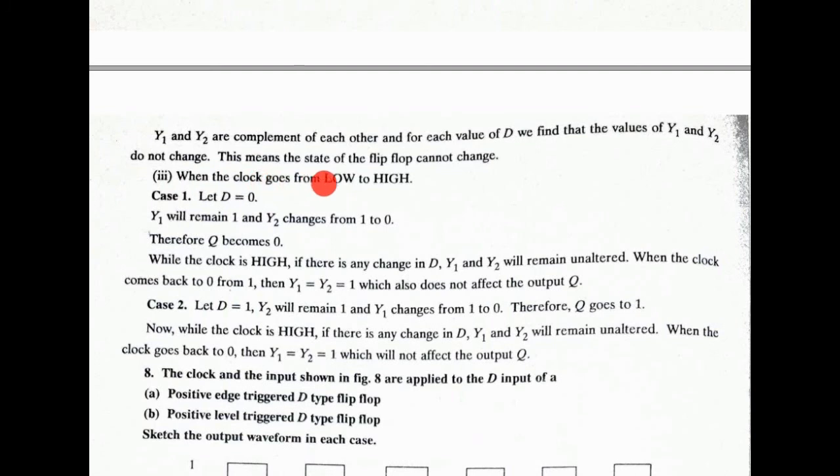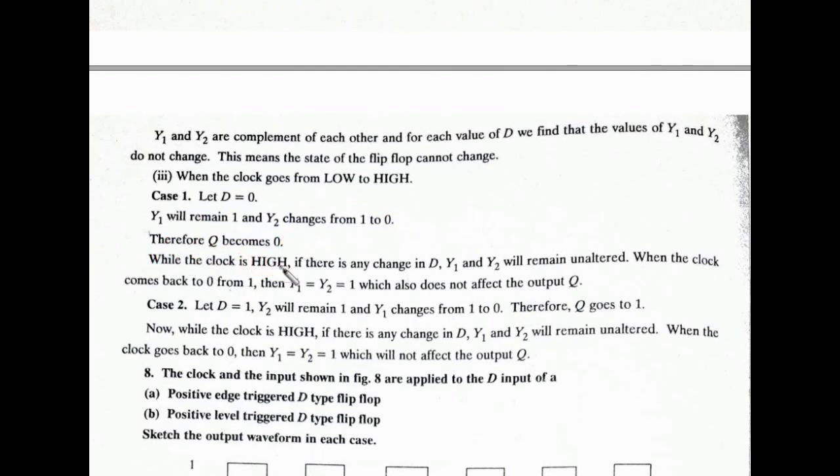When the clock goes from low to high, in the first case we assume that D equals 0. Y1 will remain 1 and Y2 changes from 1 to 0. Therefore Q becomes 0.